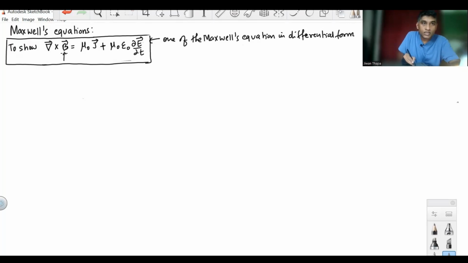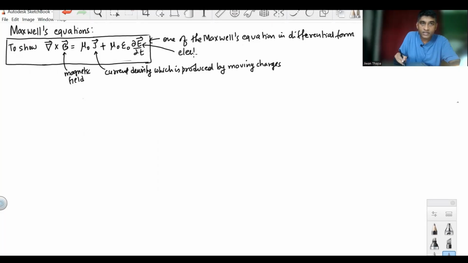So this is magnetic field. Okay. And this is current density, which is produced by moving charges, and this is electric field.